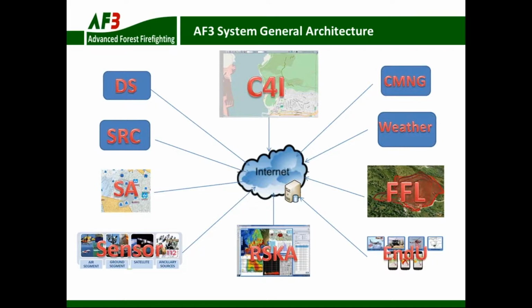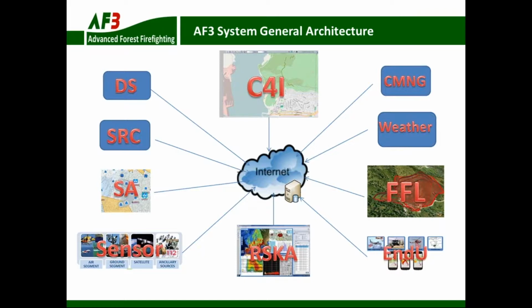Sensors and devices is the subsystem that communicates with the field sensors, gets the data, fuses it, and sends it to the C4I or other subsystems that need this information. Risk analysis analyzes the area and the situation and gives the C4I and the commander the decision and the maps of the risk of the area.